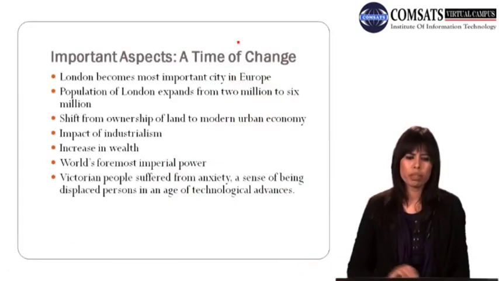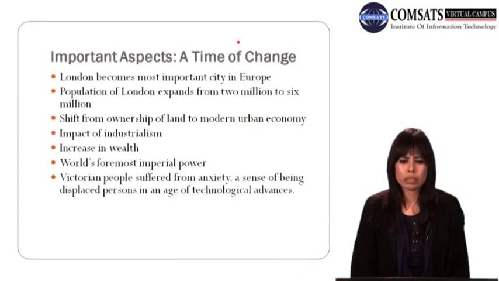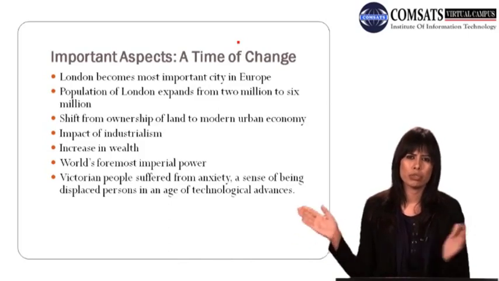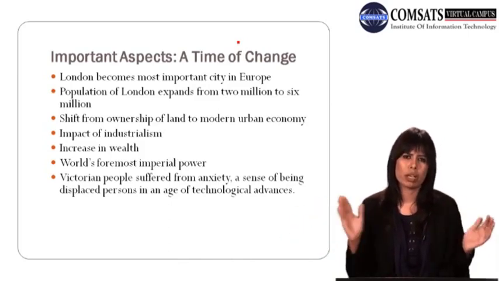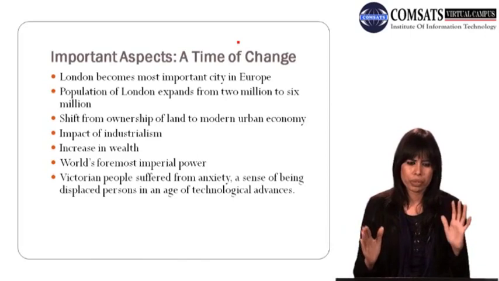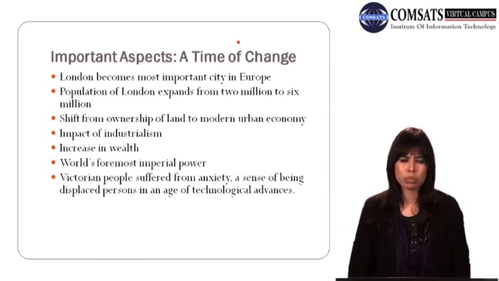What are basically the important aspects of that period? A time of change, from one era to another era. London becomes the most important city in Europe at that time during the Victorian era. The population of London expands from 2 million to 6 million.